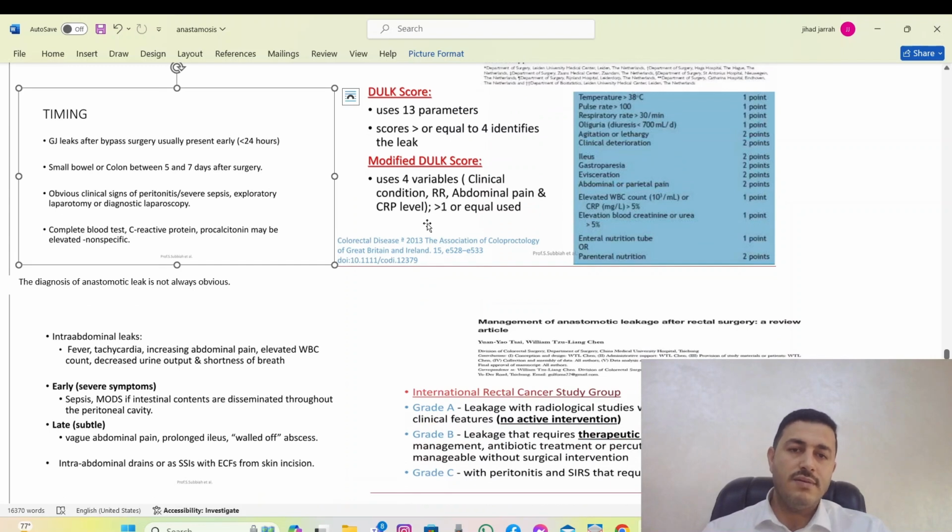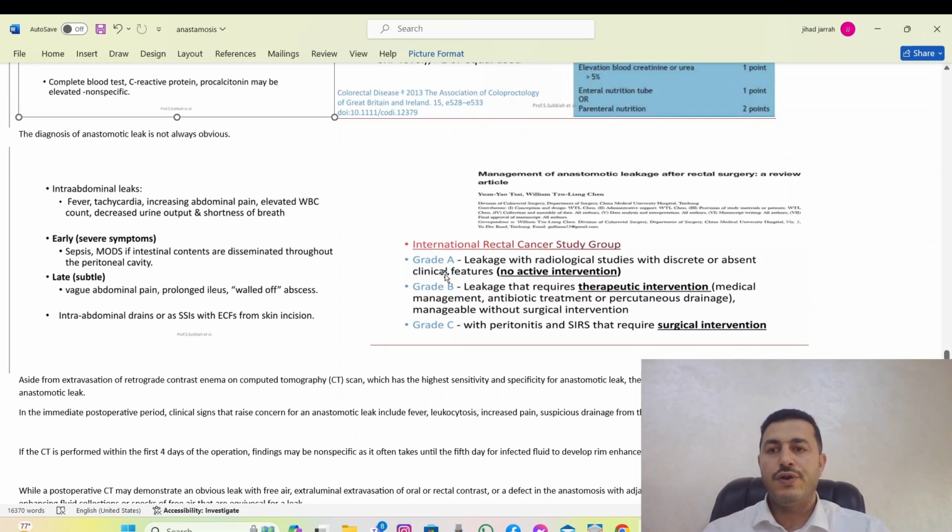More than 1 is suspicious for leak. And for the classic DULK score, more than 4 is suspicious for leak.